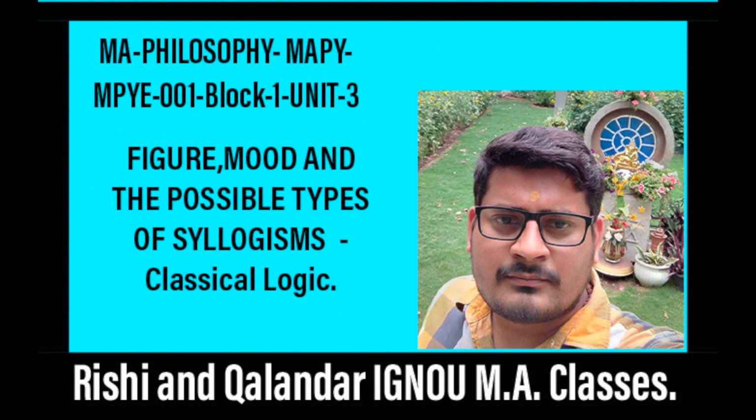Although arguments in ordinary language appear in several forms, it is not at all difficult to restate them in standard form. First, we identify the conclusion, which is to be placed in the final position. Whichever premise contains the predicate term of the conclusion automatically occupies the first place, because the major premise should be stated first.